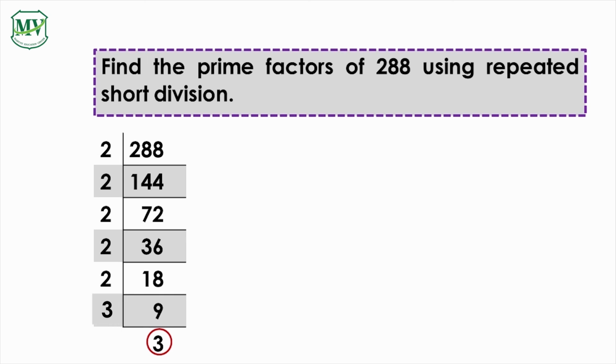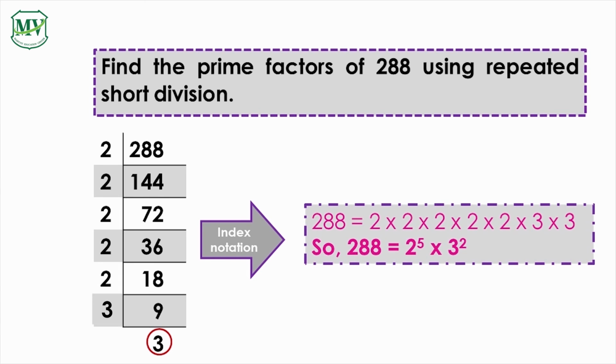So, the prime factors of 288 are 2 times 2 times 2 times 2 times 2 times 3 times 3, and it can be represented by the index notation 2 to the power of 5 times 3 to the power of 2. Did you get the correct answer? Job well done!